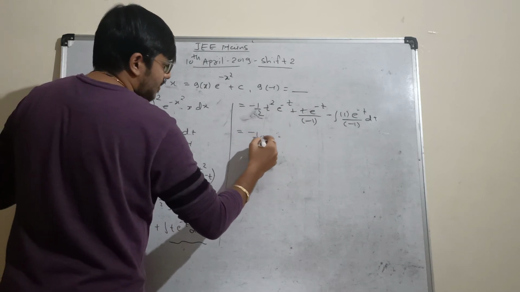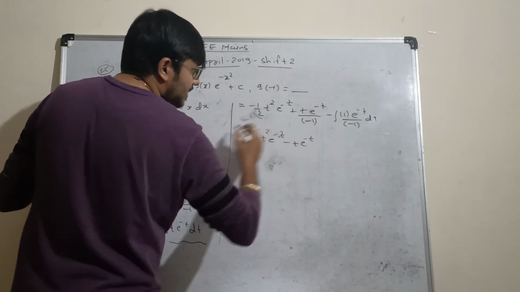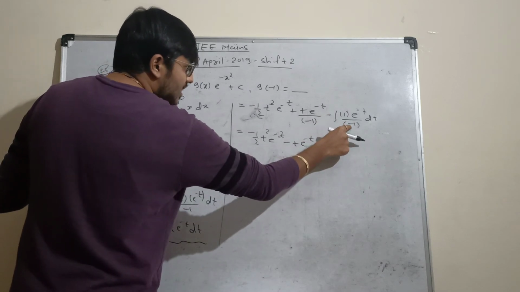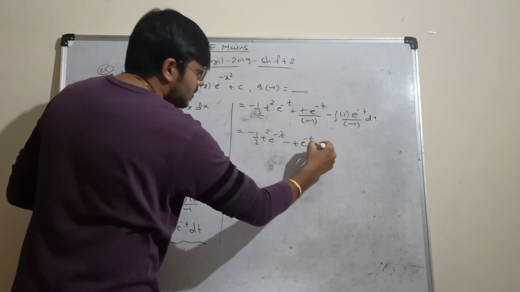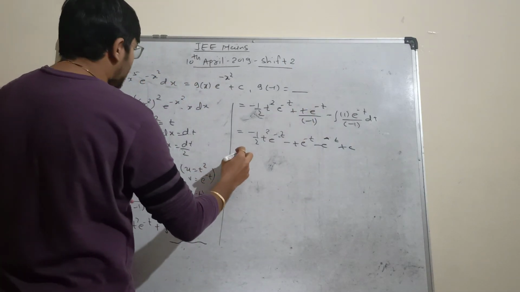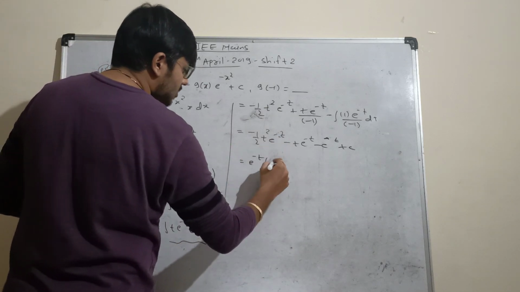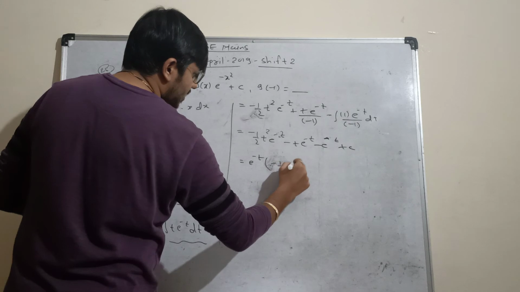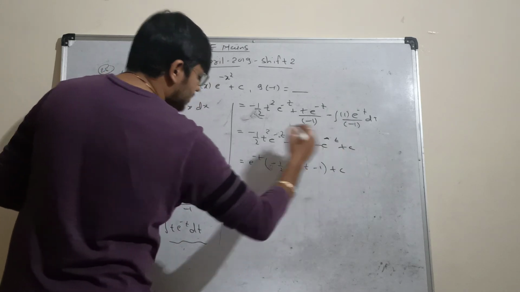So minus half t square e raised to minus t minus t e raised to minus t, minus minus plus, and e raised to minus t as integration again e raised to minus t by minus 1, so it's minus e raised to minus t plus c. So now from all, if I take e raised to minus t common, so I'll get minus half t square minus t and minus 1 plus c, right?